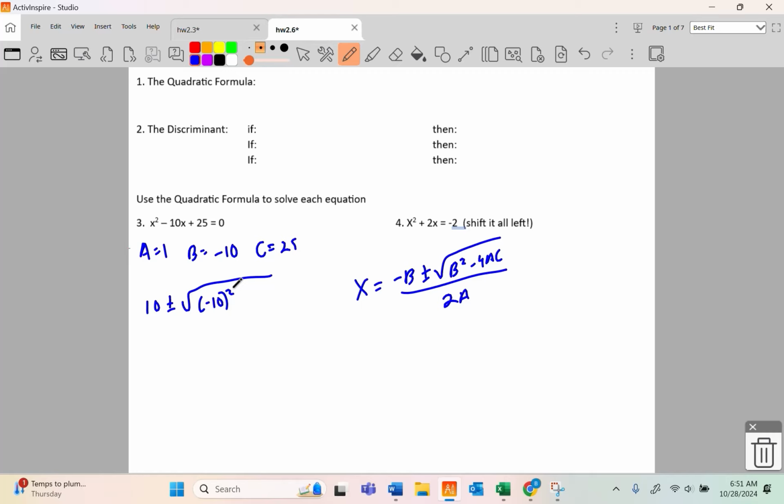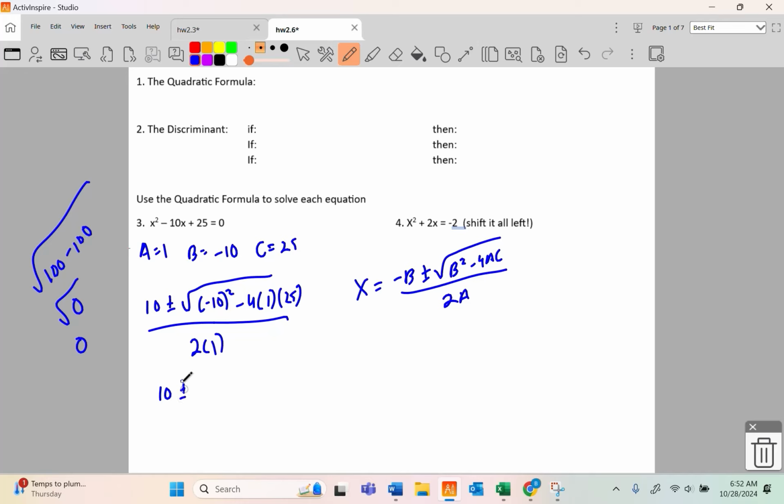Can't fix that. Minus 4 times a, which is 1, times c, which is 25, all sitting pretty over 2 times 1. Now what's in this radical? You've got 100 minus 100, which is 0, and the square root of 0 is 0. That one bothers kids. Kids want the square root of 0 to be something else, but it's 0 because 0 times 0 is 0. And I can't fix that.